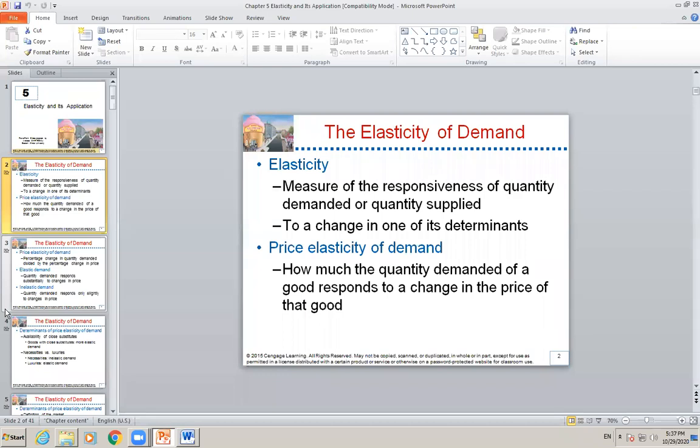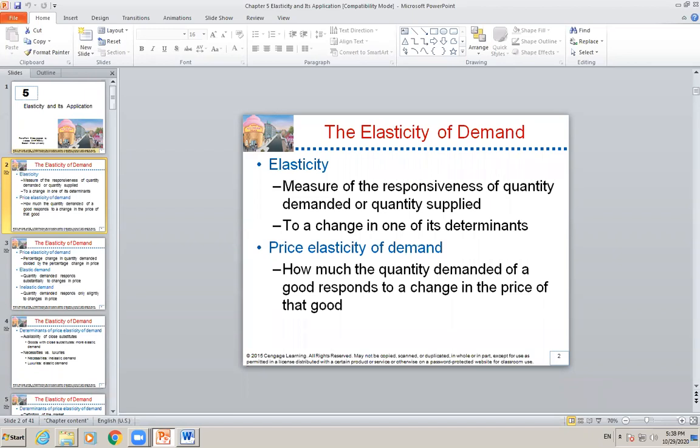So by how much will a $1 change in price affect the quantity of that product? If the quantity changes in a huge amount, then we say it's elastic. If the quantity changes in small amount, we say it's inelastic.